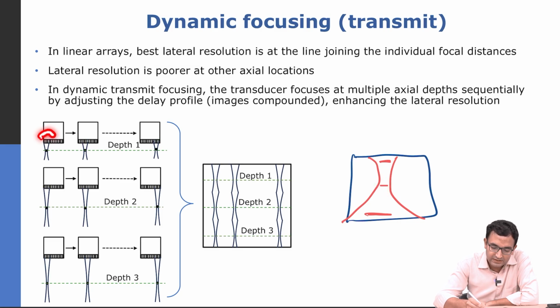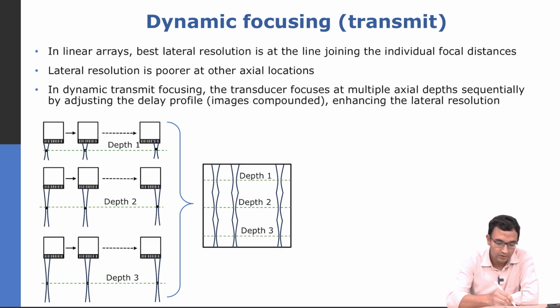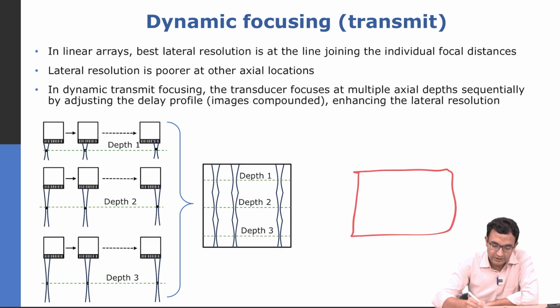Instead of focusing at this point, by changing the delays or by changing the number of elements that I am using to fire, I can focus at different depths. Now if I have a region of interest here, I can choose to focus at different depths by firing again and again. First, I focus at this depth, so now the best resolution is here.